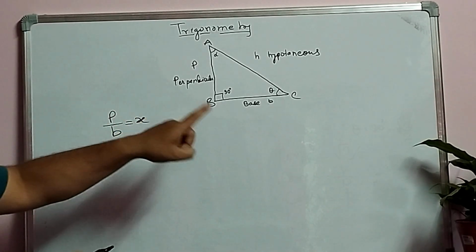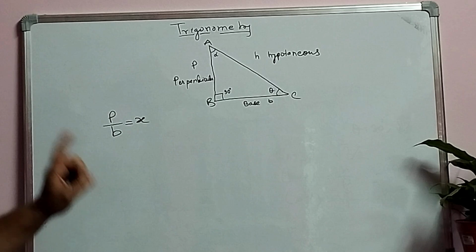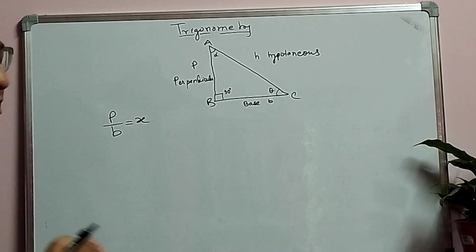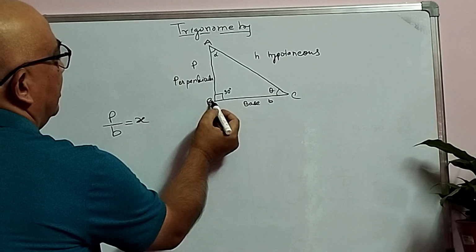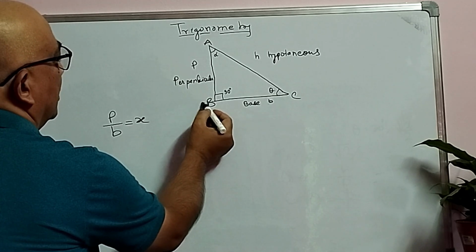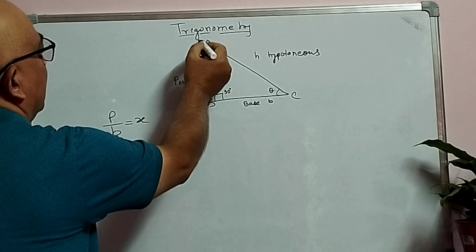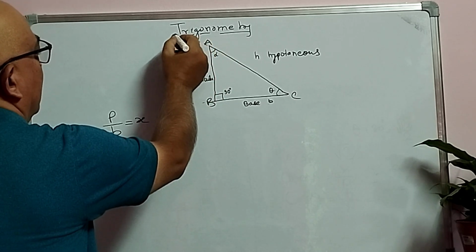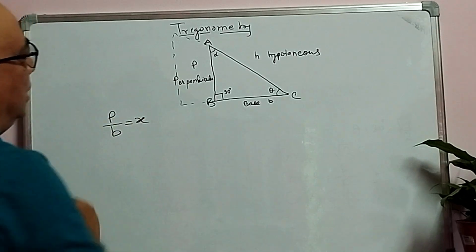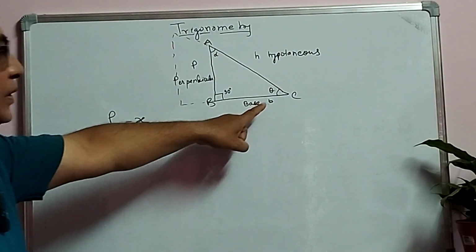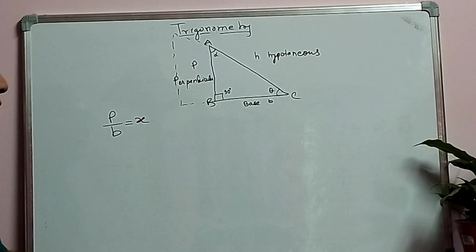Then this ratio P to B is always X, meaning same, it doesn't change even if these sides are elongated, but keeping this angle of reference constant, that is theta.